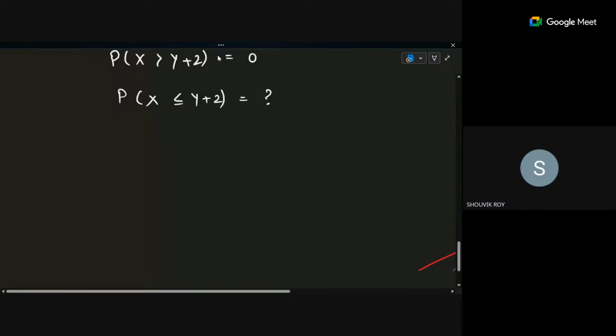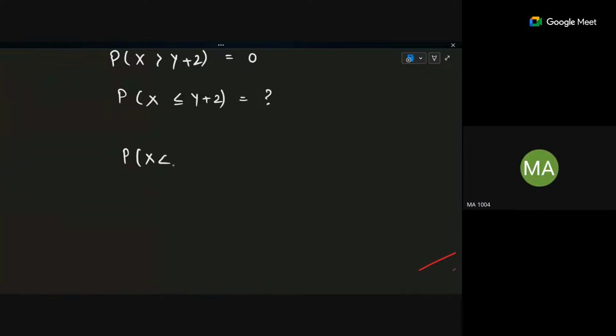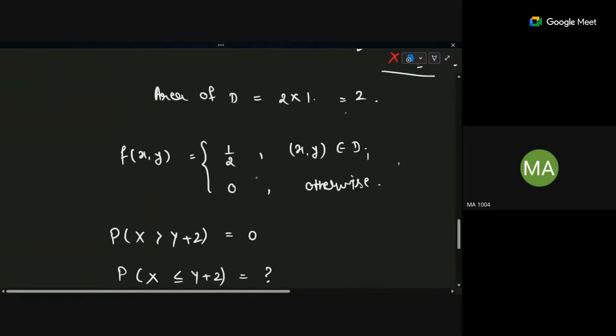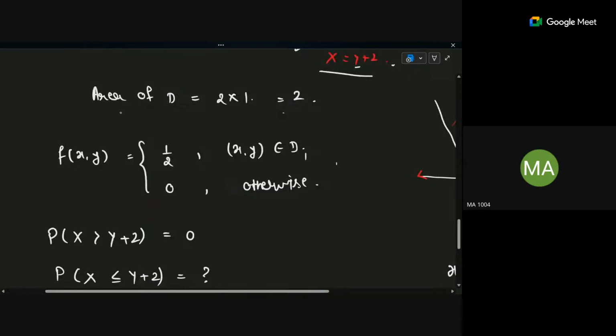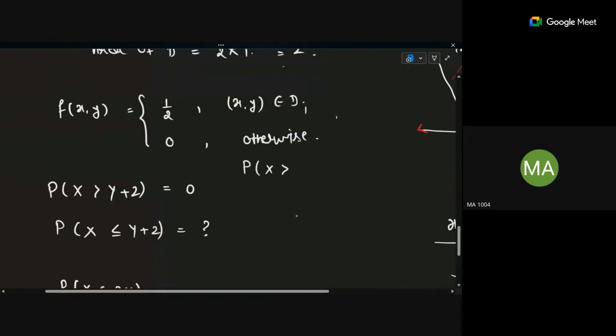What about the probability x less than 3y in this particular question? So x and y follow a uniform distribution over the region D, and I want to find the probability that x is not greater than, but less than 3y.